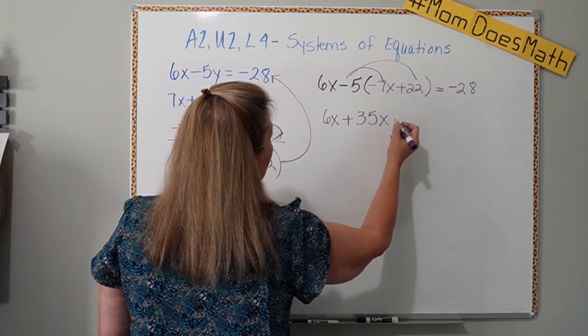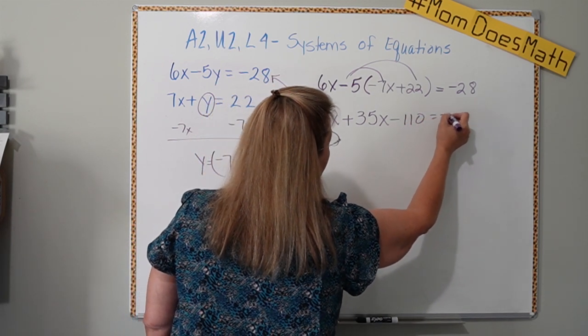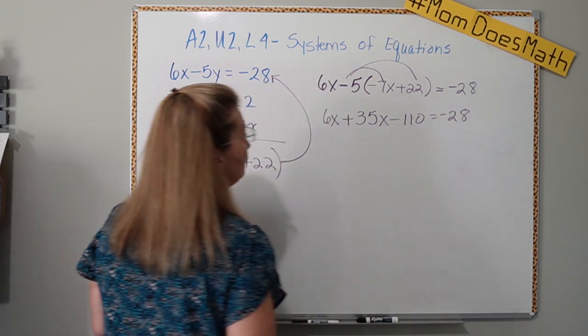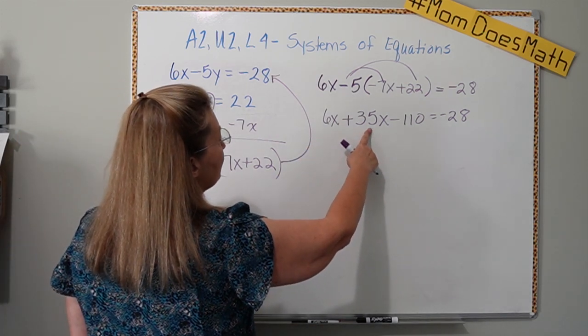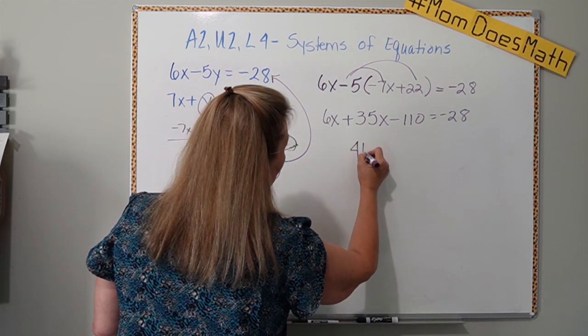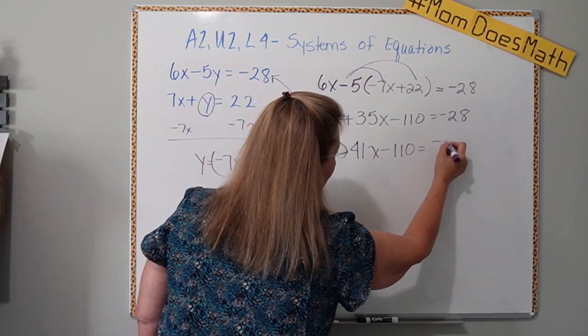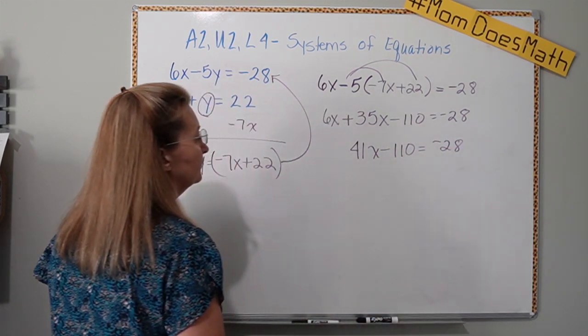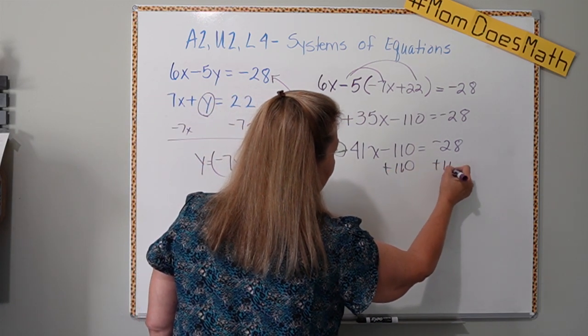Minus 5 times plus 22 is going to give you minus 110 equals negative 28. All right, 6x plus 35x is going to give you 41x minus 110 equals negative 28. And then we would add 110 to each side.